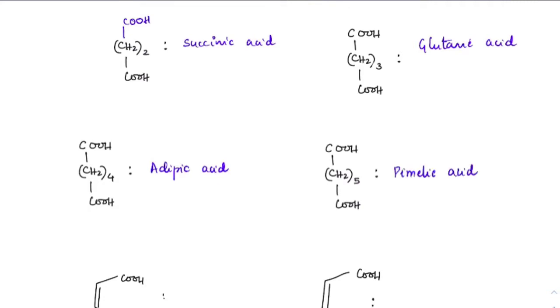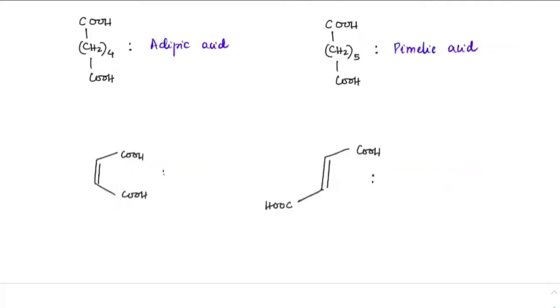This is pimelic acid. If we have a cis alkene here, basically cis 2-butene with dioic acid, that is maleic acid. If it is in a trans form, it is called fumaric acid.